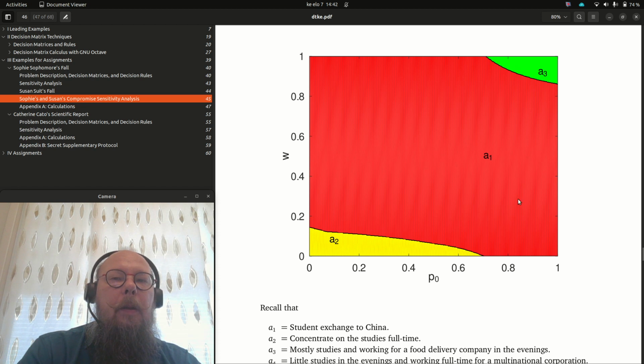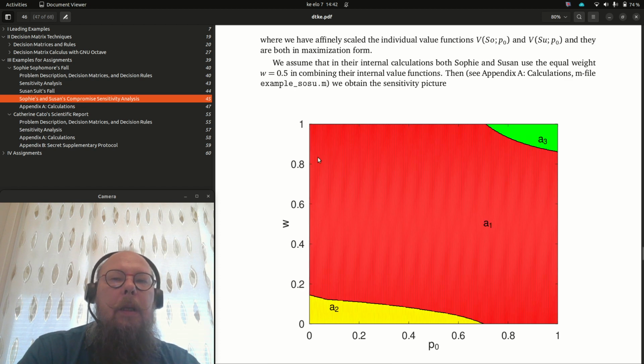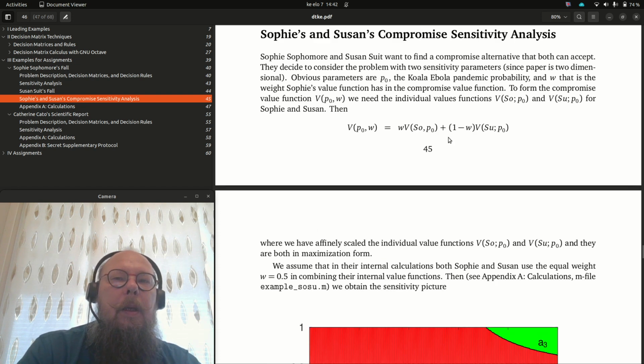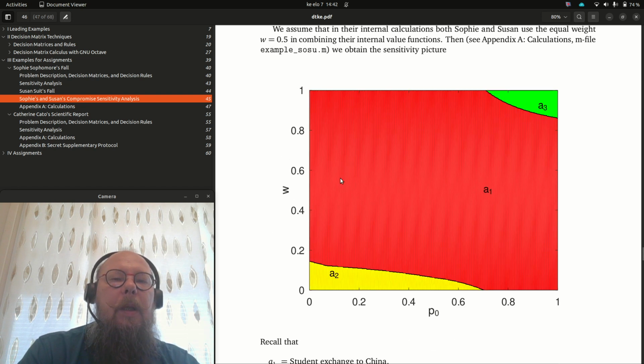And also the student exchange to China, this is a very typical solution. So if there is a little bit of weight given to both of them at least, then this happens. And if all weight goes to Sophie, weight equals 1, then this is also the optimal solution.